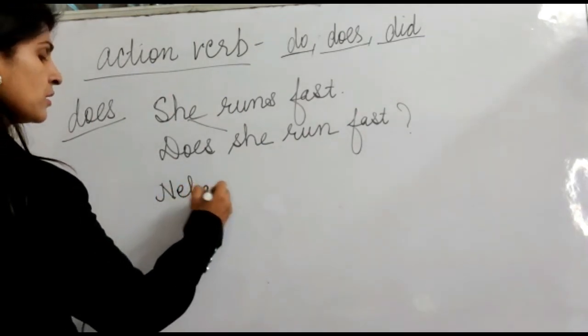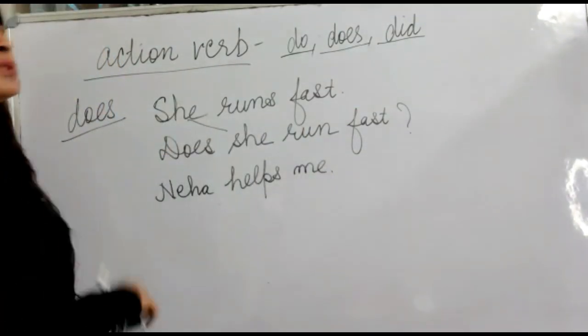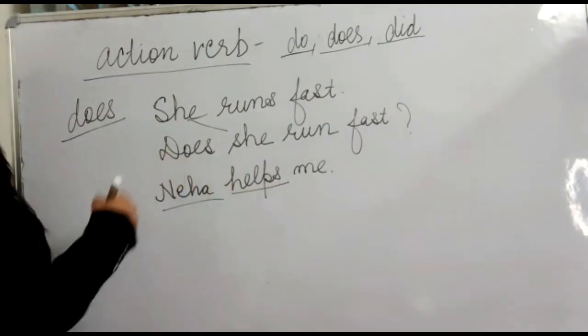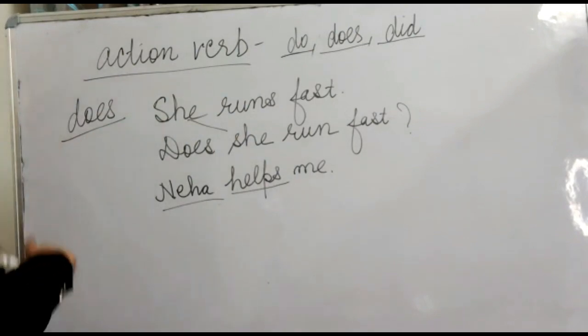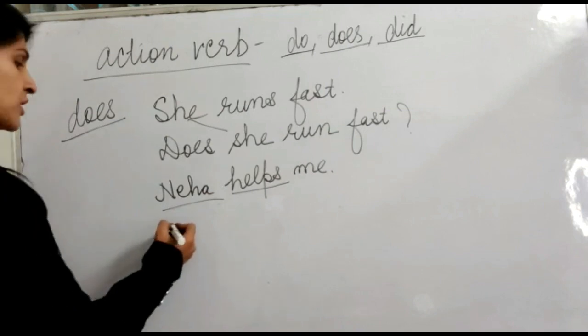Neha helps me. The subject is singular. The verb is in present, and with the verb we have used s. But when we will change the sentence into interrogative one, how will we change it?